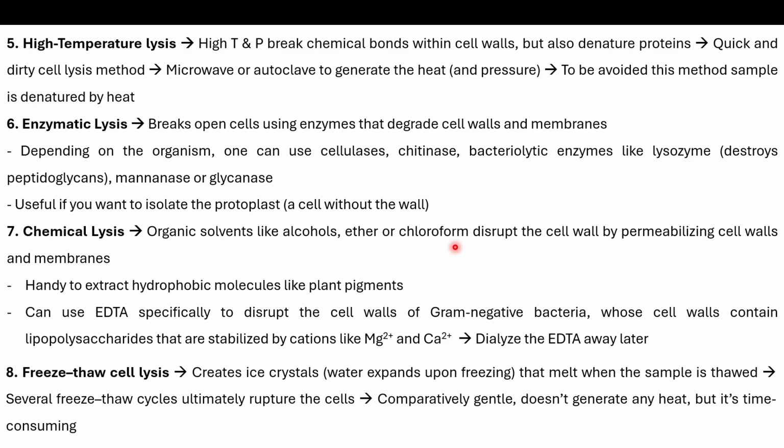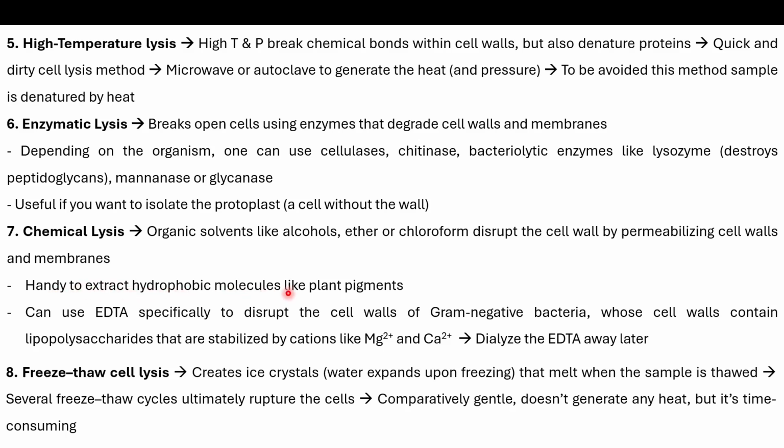So plasmids and all such longer or heavier molecules with bigger dimensions can stay inside, and smaller molecules like tRNA can come out. So this is how chemical lysis using organic solvents can be useful.